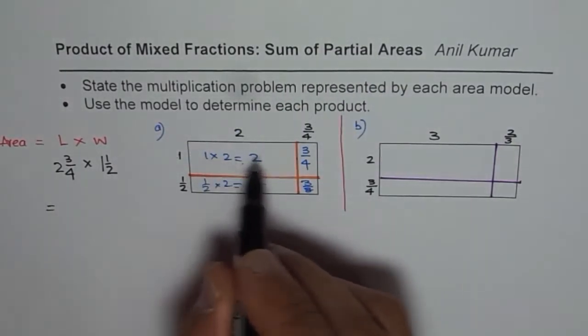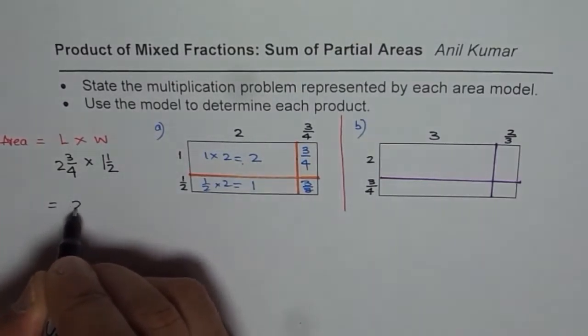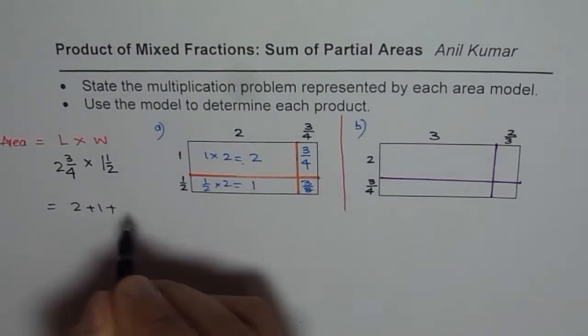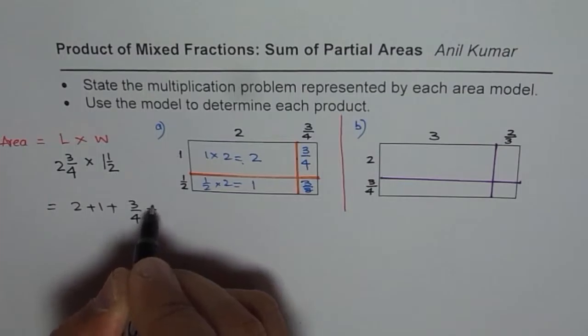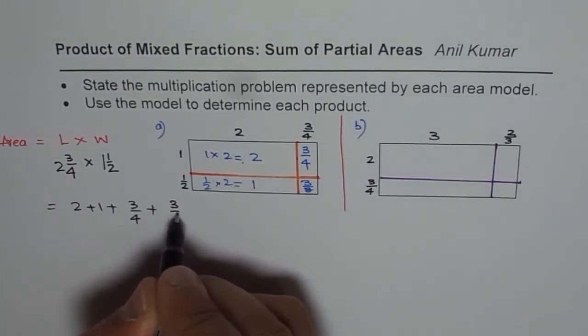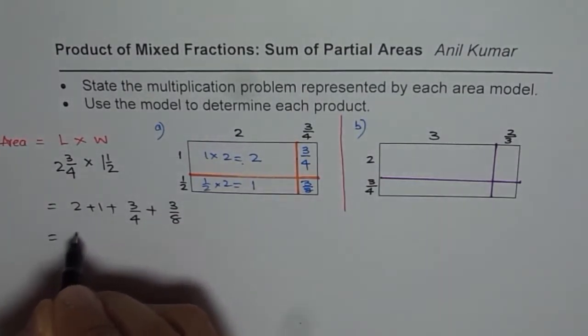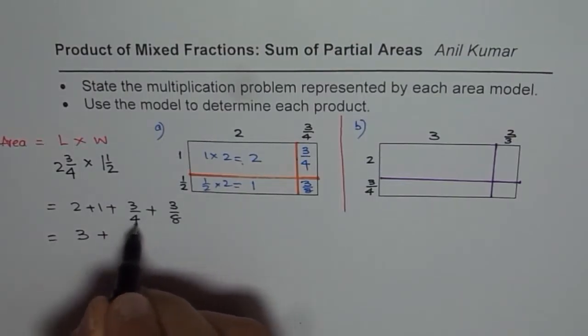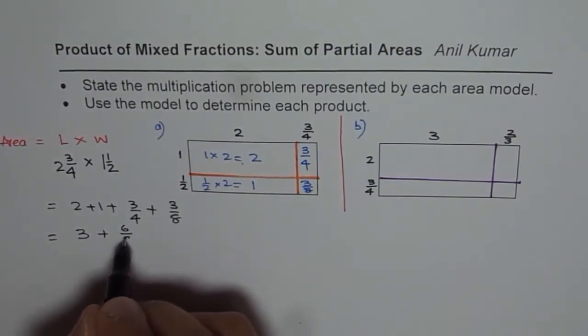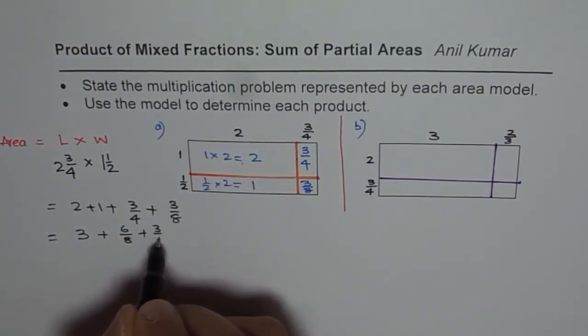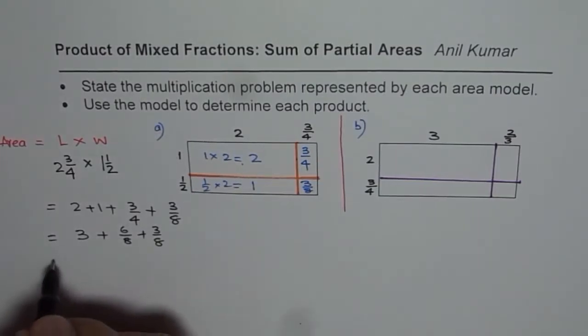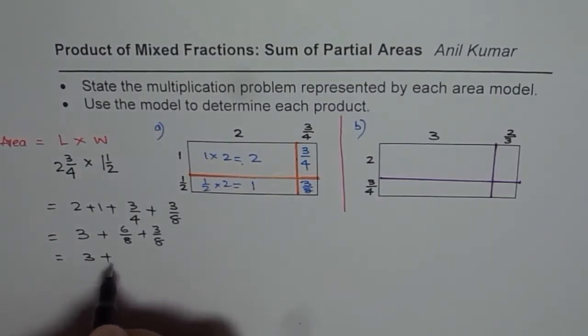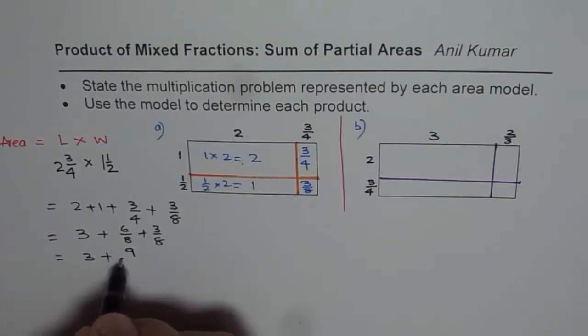So we can add them up. We got 2 plus 1 plus 3 over 4 plus 3 over 8. Now 2 plus 1 is 3 plus, let's have a common denominator. So we could write this as 6 over 8 plus 3 over 8, right? So that gives us 3 plus 9 over 8.